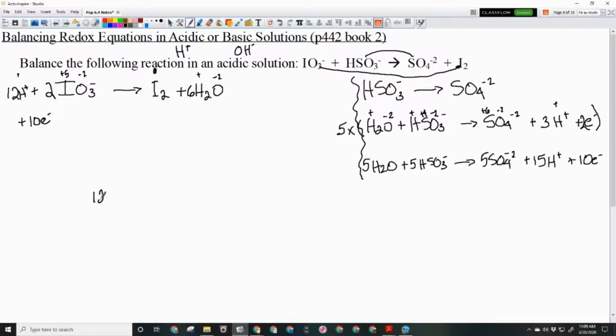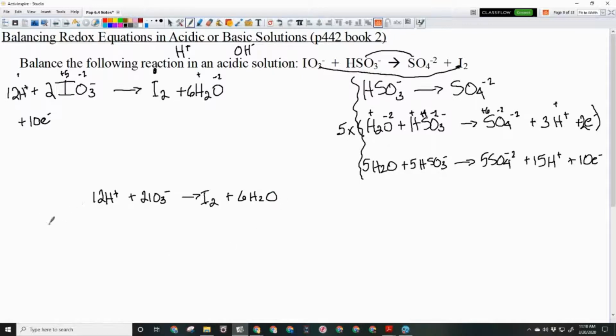So 12 hydrogens plus 2 IO3 negative yields I2 plus 6 H2O.